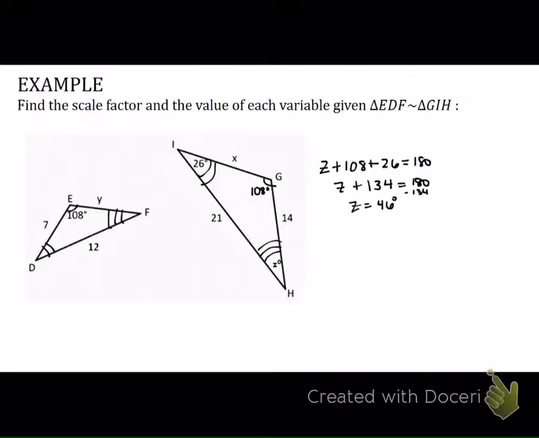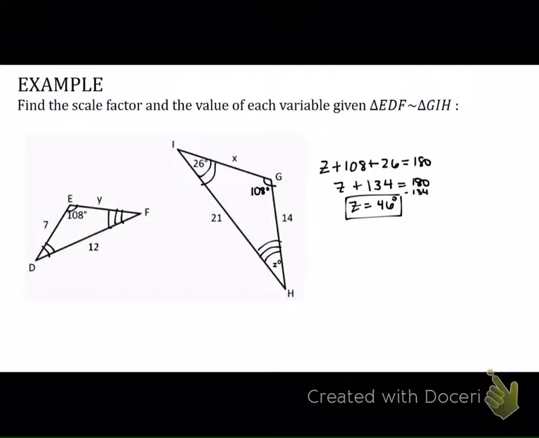So Z is 46 degrees. Which corresponding sides both have numbers on them? But let's just set it up in general.